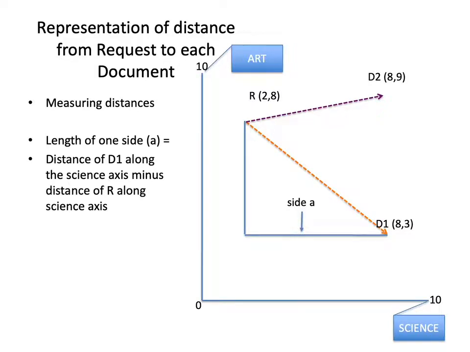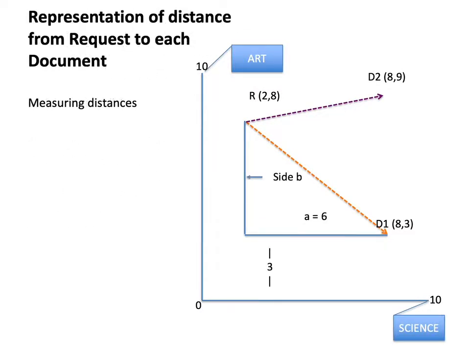Length of side B is the distance of R up the art axis minus the distance of D1 up the art axis. So 8 minus 3 is 5. So we have sides A and B determined. A is 6, B is 5.